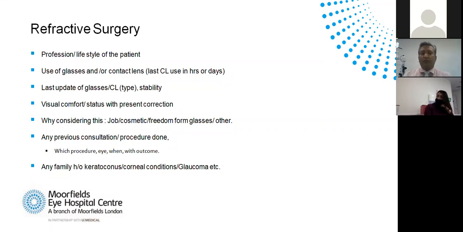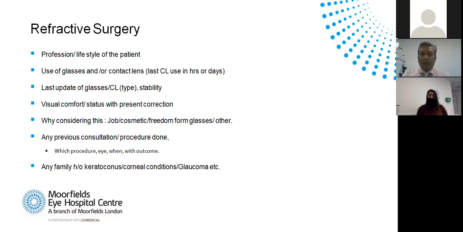So in those cases, one very important thing we need to understand is the profession and lifestyle of the patient. As I said earlier, a few kinds of treatment are not suggested in a particular kind of lifestyle. Based on that, the clinician will be able to decide or guide the patient better, which will result in better patient satisfaction.